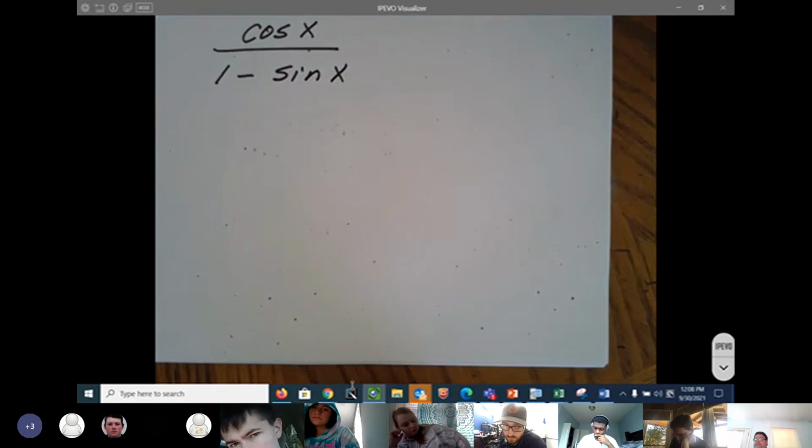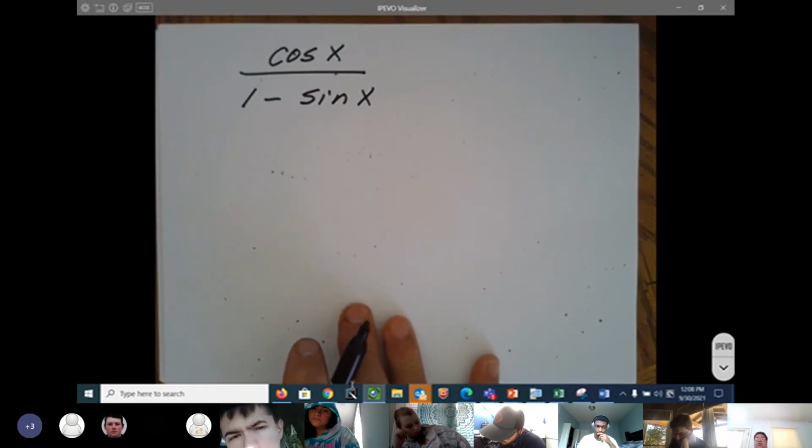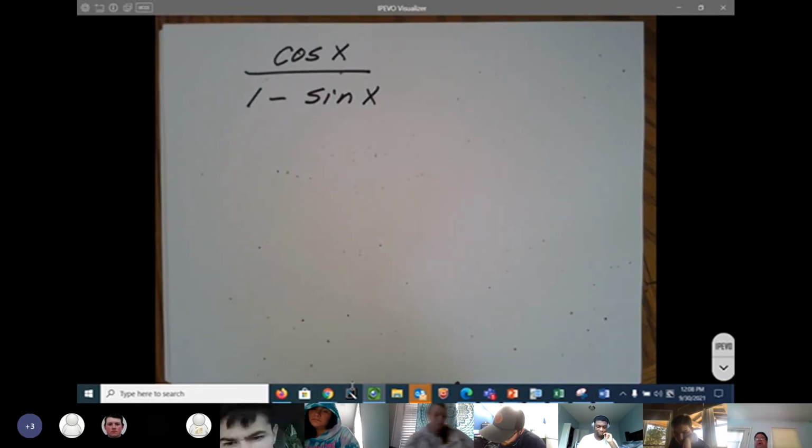Now finish it. All you got to do is basic fraction work now. All you got to do is maybe one or two more steps. Can somebody tell me what to do?